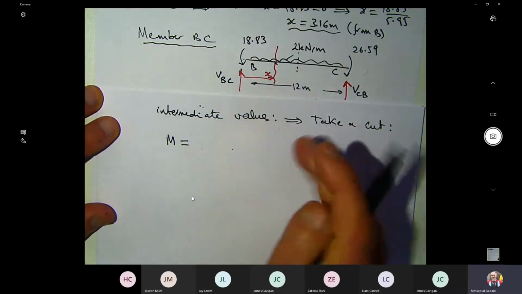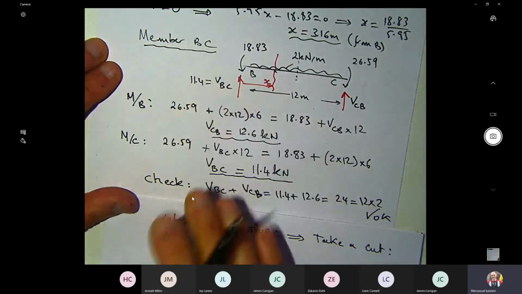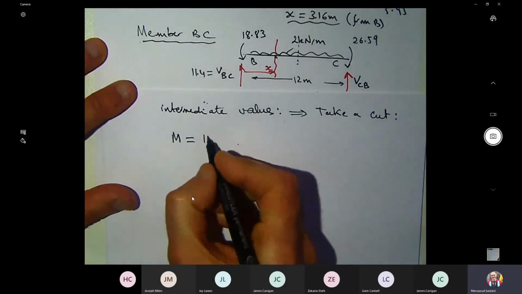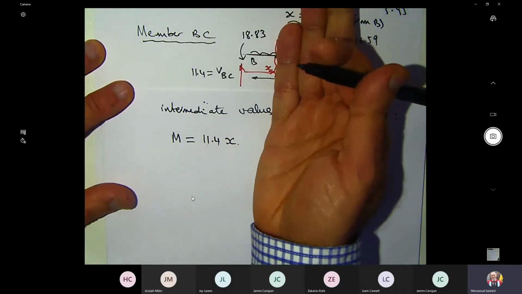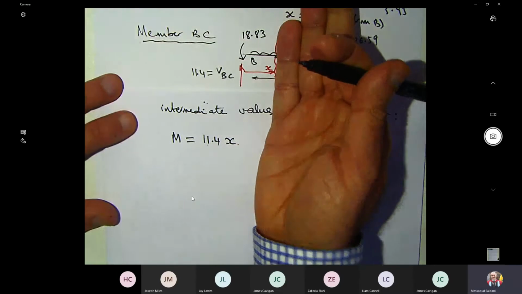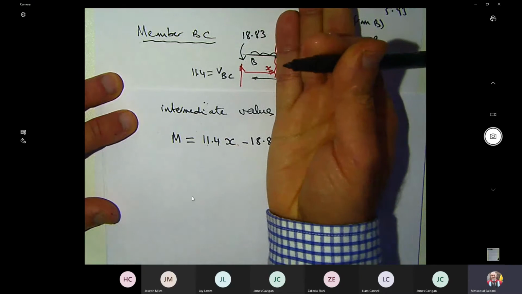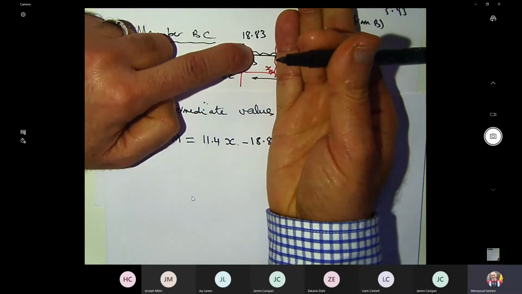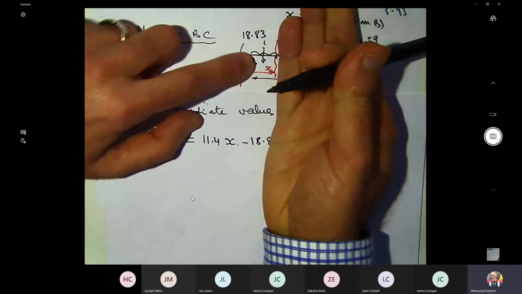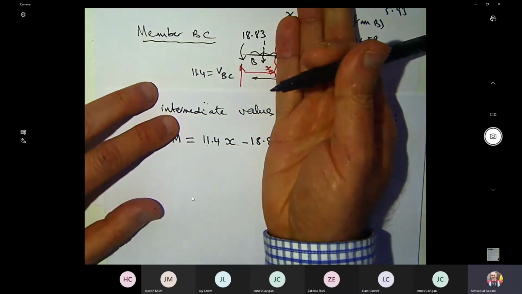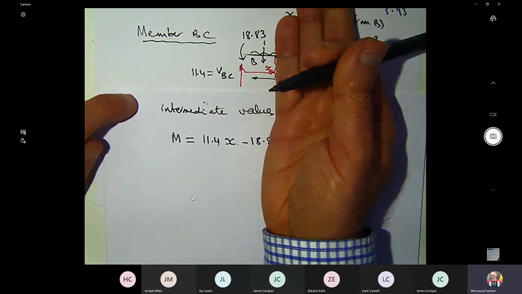VBC times x, and we know VBC, isn't it? That's 11.4, so it's 11.4 times x. Then we have the 18.83, which is minus. Anything else? Don't forget the UDL. What's the total UDL on that portion of the beam?